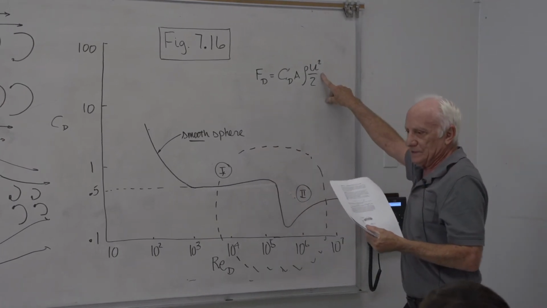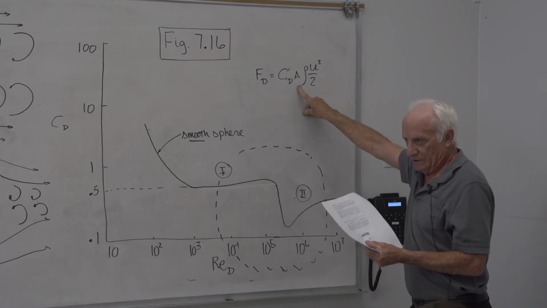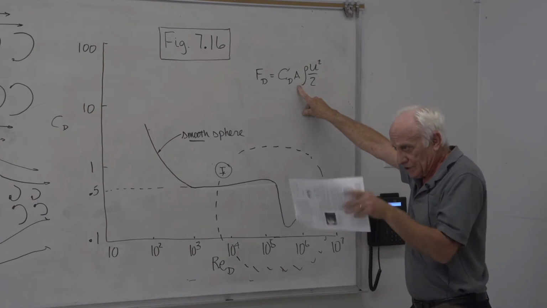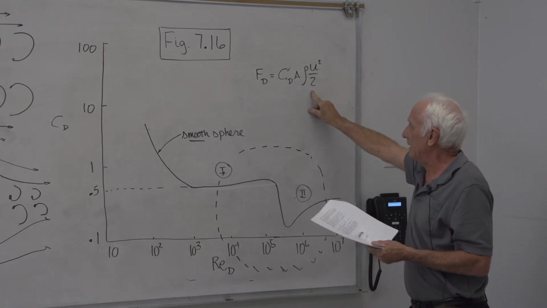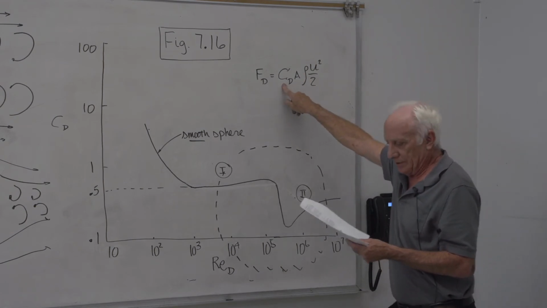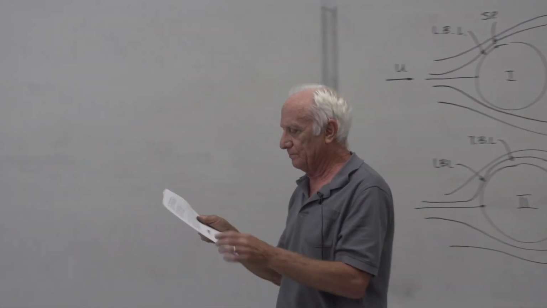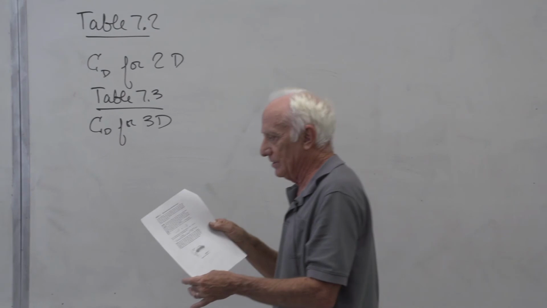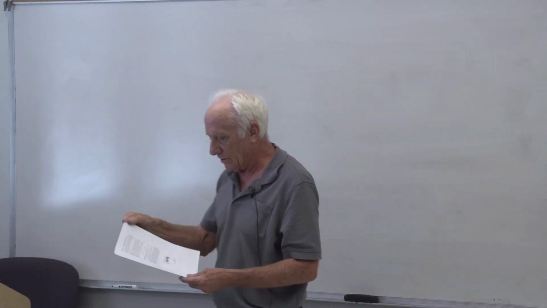You get the velocity by a pitot tube. You measure the frontal area of the car, looking straight at the car, and the density of the air in the wind tunnel, divide by 2. From that, you calculate C sub D, and he does the calculation there. You can see 0.34. So that's one way engineers get the C sub D for cars.